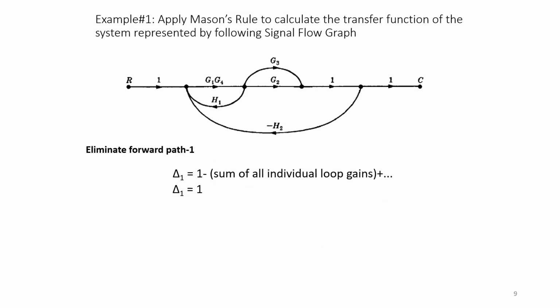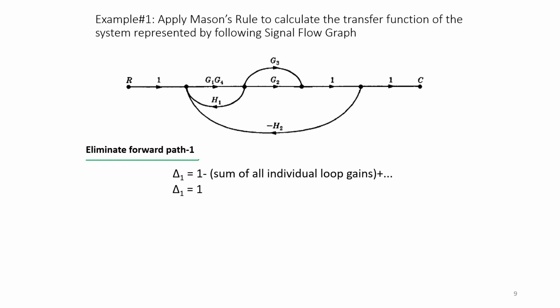Now the next step is you need to find out your delta 1 and delta 2. To find delta 1, eliminate the forward path 1. That means in the delta value, you need to eliminate the loops which touch the forward path. We have L1, L2 and L3.